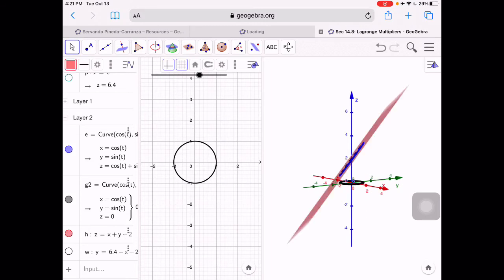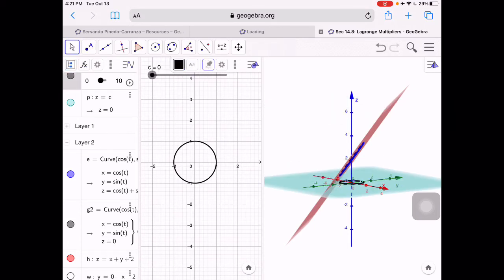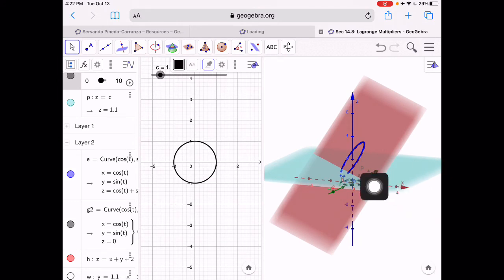Okay? And so now when I look at the level curves of my function f, I'm going to do the same thing I did before. Start from the bottom. And then notice that the level curves of my function f are just straight lines.